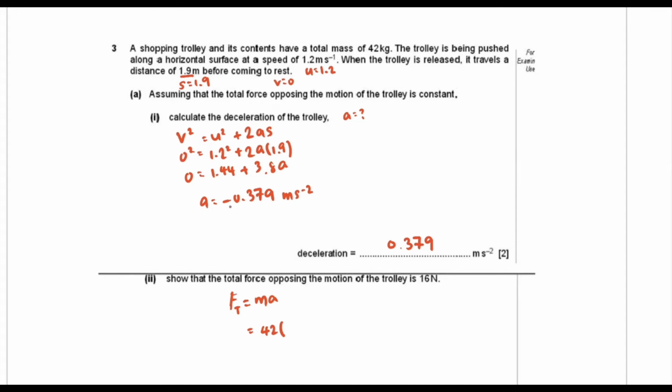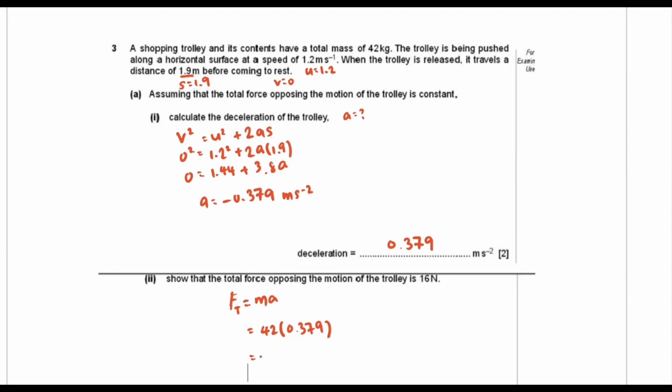If you put acceleration inside, you end up with a negative value. It's just fine. It just shows that the opposing force is acting in the opposite direction. But putting this can avoid the problem of getting negative. So we just take 42 multiplied with 0.379.